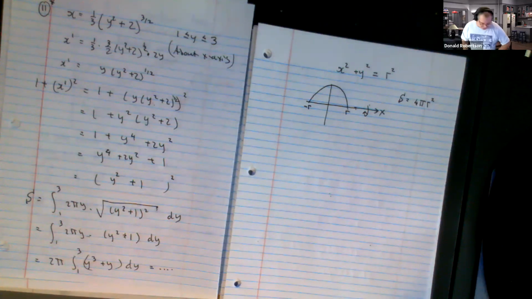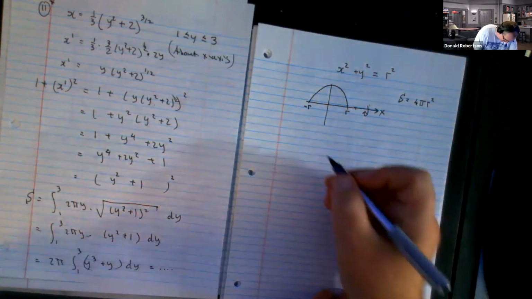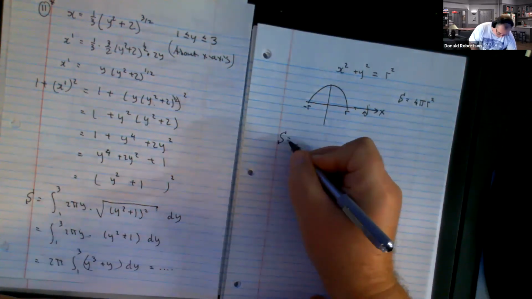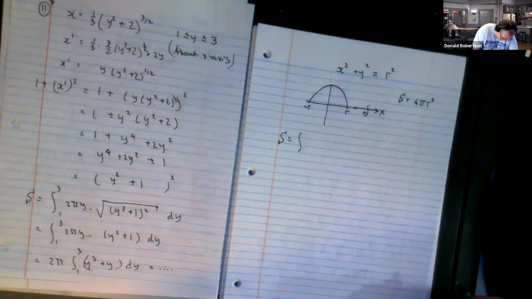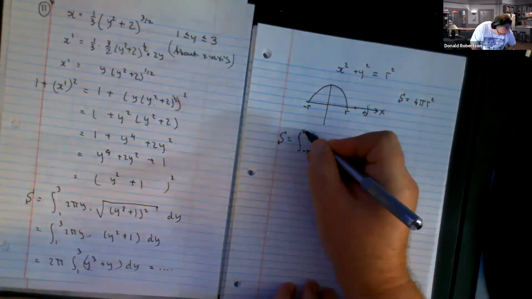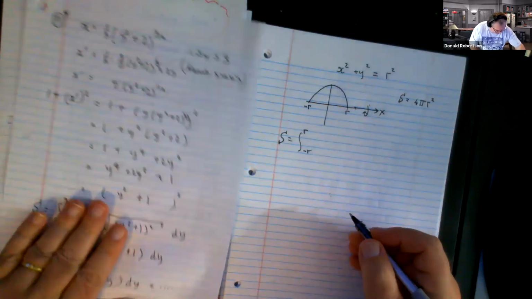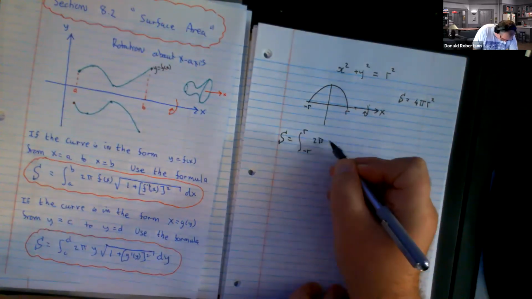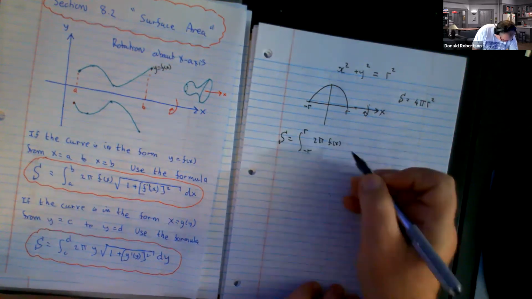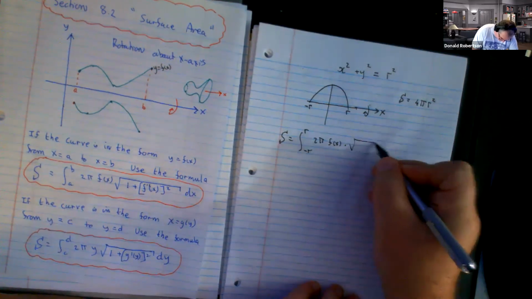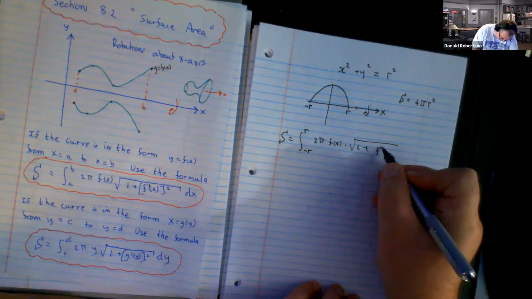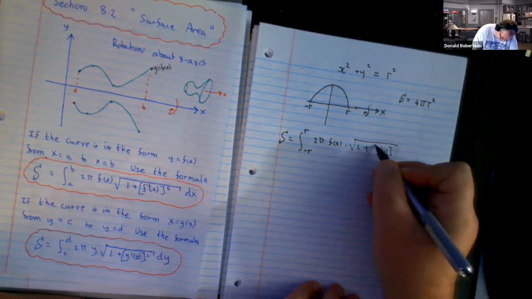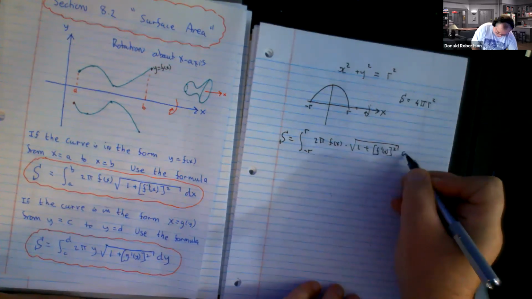So let's prove it. The surface area is going to be the integral from negative r to r, 2 pi f of x times the square root of 1 plus the derivative squared, dx.